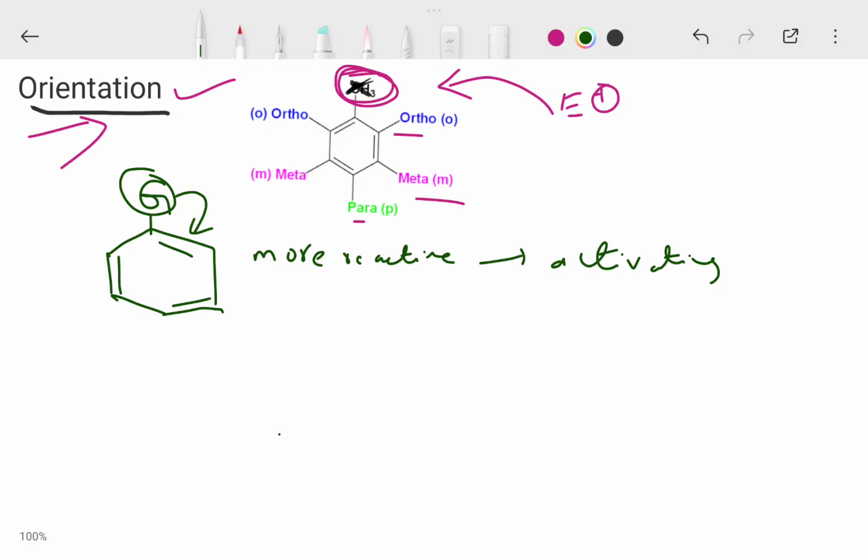A group that makes the benzene ring less reactive than benzene is called a deactivating group.